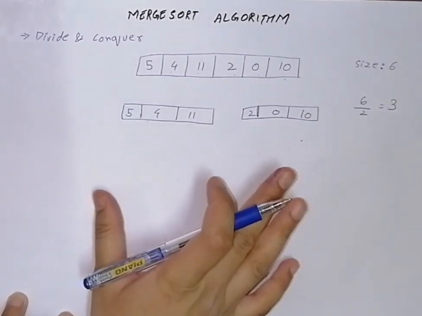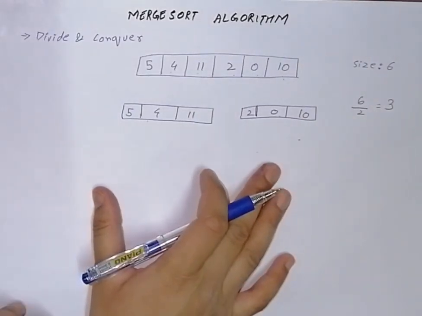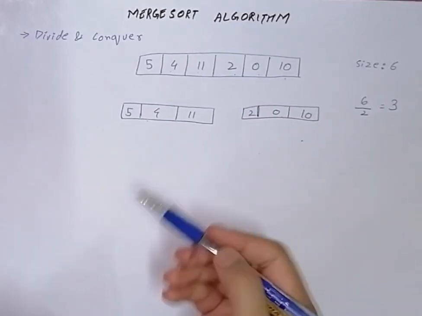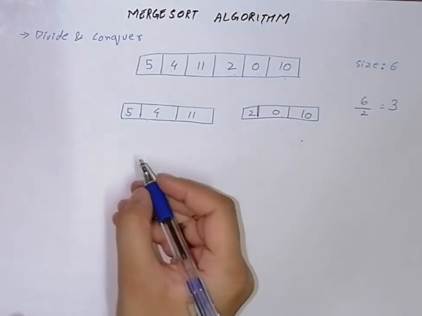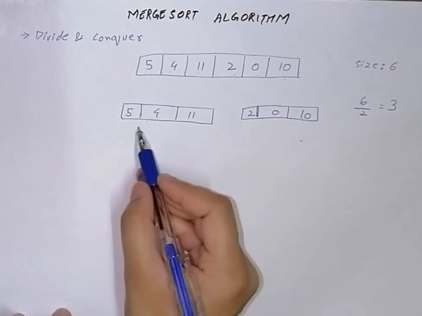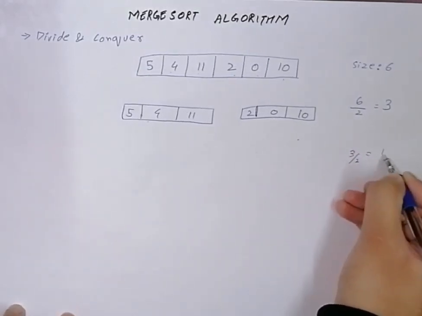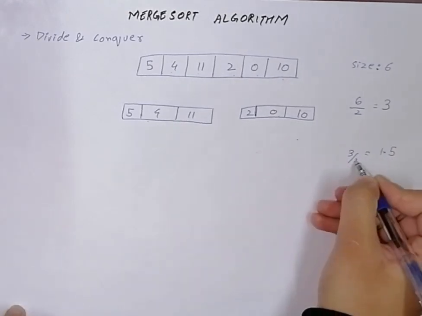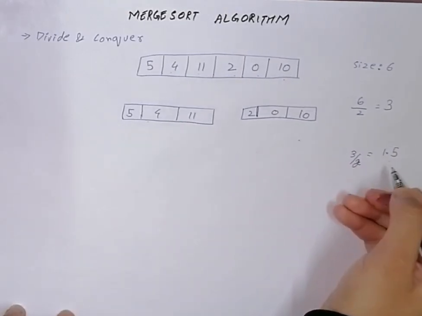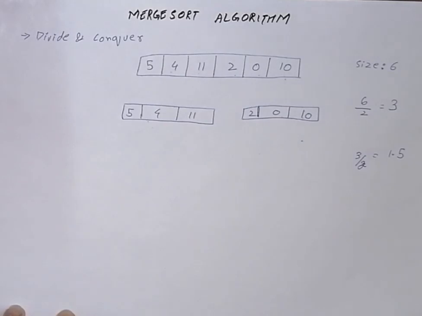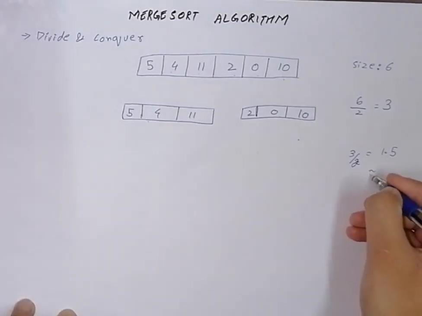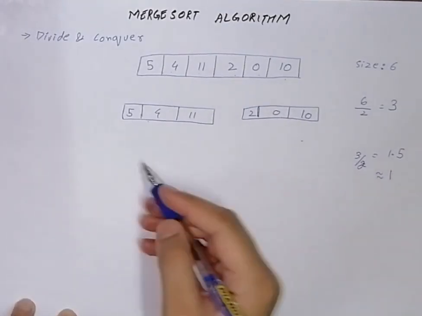This completes my step number 1, and in the next step I keep repeating these steps again and again. Here the size is 3. So 3 divided by 2 is 1.5, and since 1.5 is not a valid number in terms of the index of an array, we substitute it with 1.